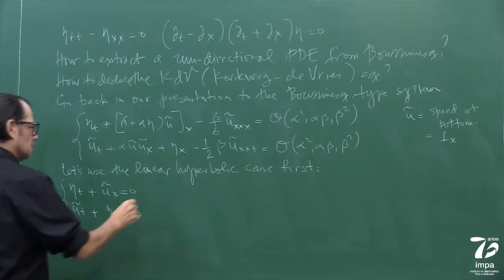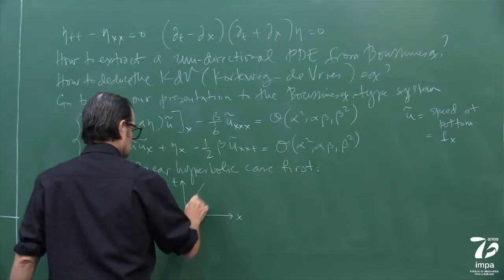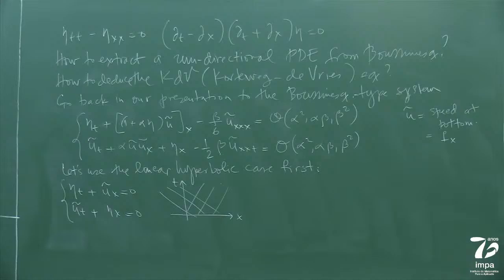This system has characteristics plus or minus 1, okay? And then I ask you a question, which I will not give you the answer to, right? It's a good exercise, which is, how do I set the system?